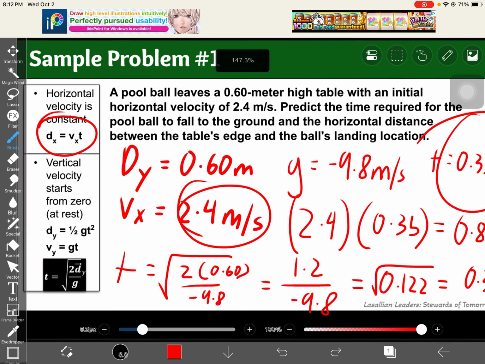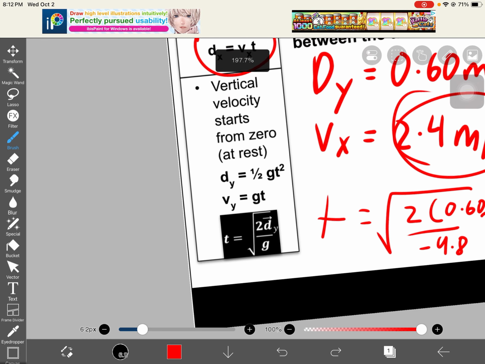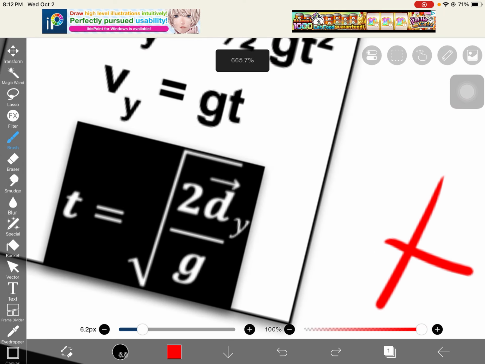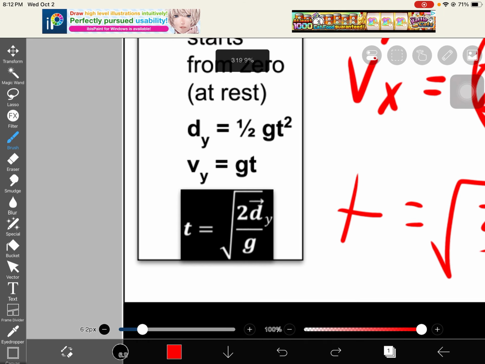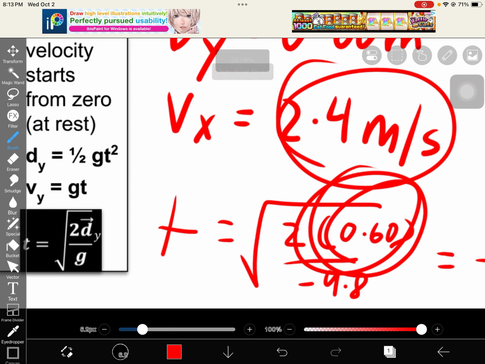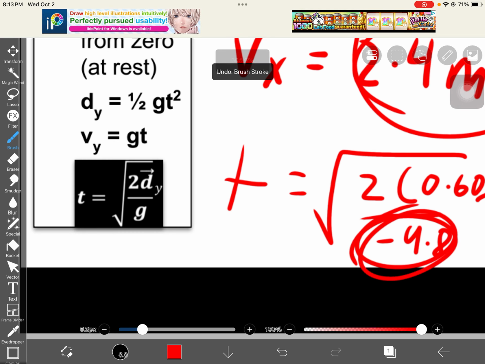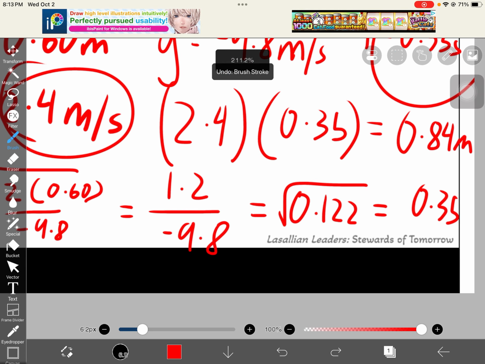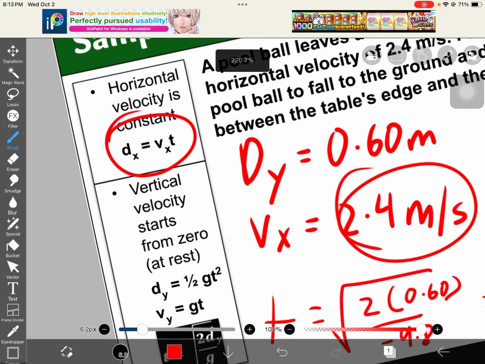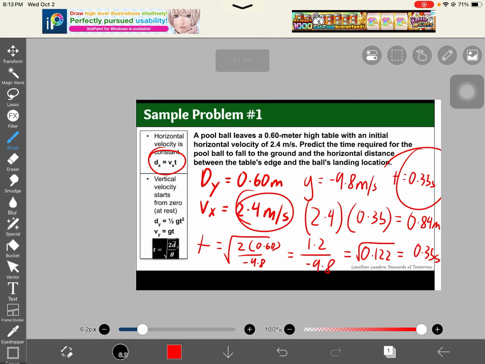Then we used the formula and put in what the formula asks for. Since it asks for dy, we put dy in the formula, and for g, we put g there. We do the formula steps, we get our answer, and we do the same thing for the distance, and we get our answer. Thank you guys.